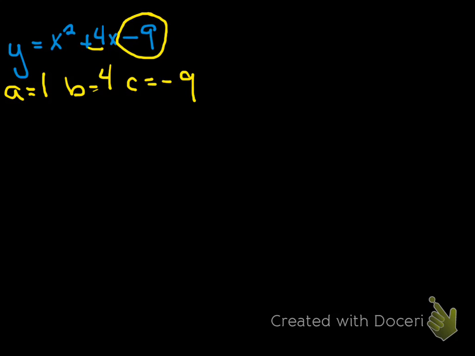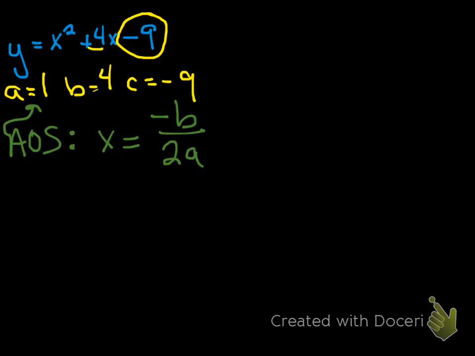Alright, so now we're going to find the axis of symmetry. Okay, there's a formula for that, and this is what it is. So the axis of symmetry is x equals negative b divided by 2a. So you look up at these values right here, and all we're going to do is plug it in.